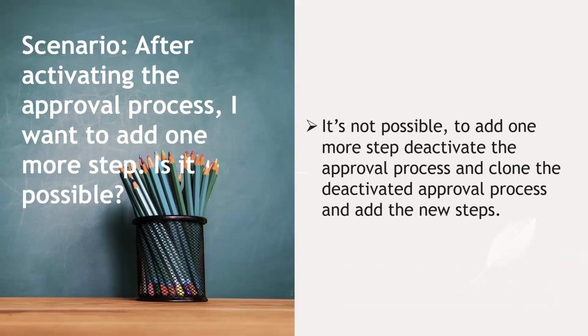If you want to add more steps, we have to deactivate the approval process and then add the new step. So the answer is that it's not possible directly; deactivate the approval process and add the new step.